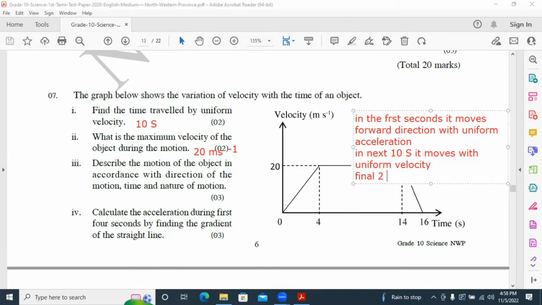In the final 2 seconds it moves with deceleration and comes to rest.